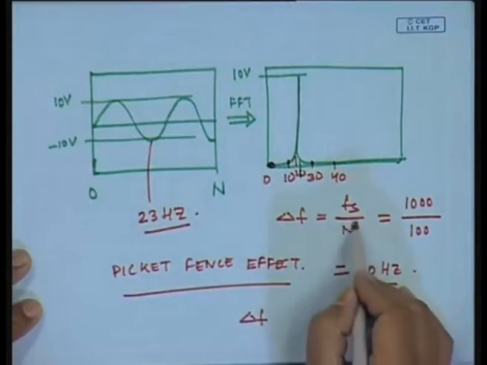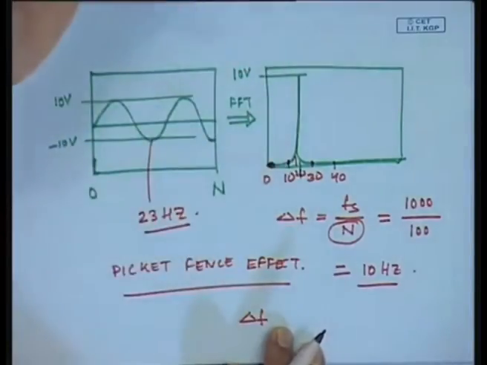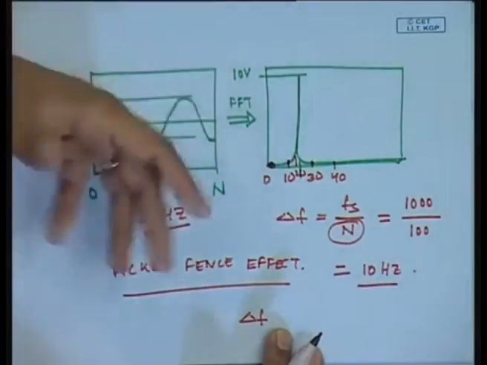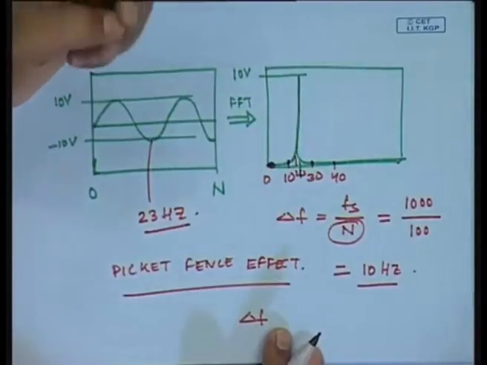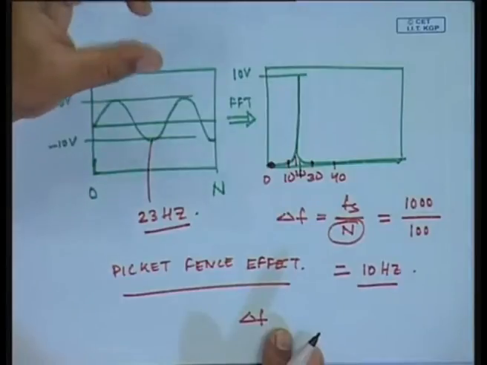That can be done by increasing the number of data points in a block, the number of lines of FFT. Same signal, if you do an analysis with different blocks of data or lines of FFT, you will sometimes get a sharp peak, sometimes you will not get a sharp peak. So, whenever you are looking for unknown frequencies, it is a good rule of thumb to have a finer resolution.